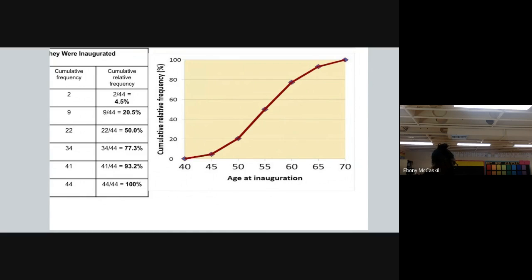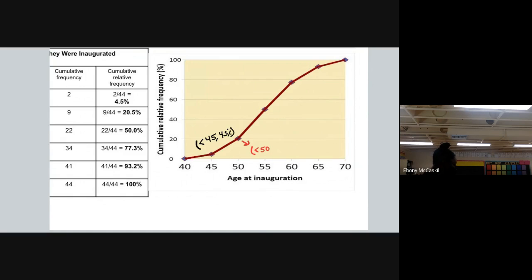So I'm going to draw some points in here to help you out. So now this is where everyone younger than 40, so I'm going to do less than 40, 5, comma, 4.5%. This one here is going to be everyone that's less than 50.